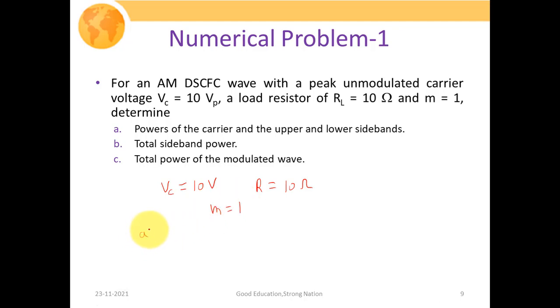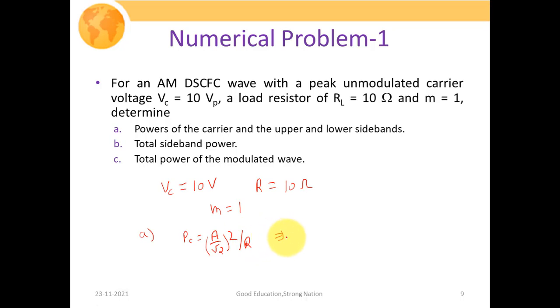Then in our first part, what we have to evaluate is the power of the carrier and the upper and lower sidebands. The power of the carrier can be evaluated as Pc equal to (A by root 2) whole square by R, where A represents the peak amplitude of that particular electrical signal.